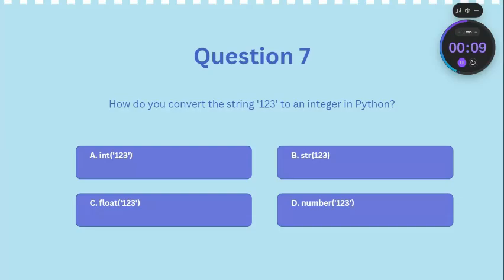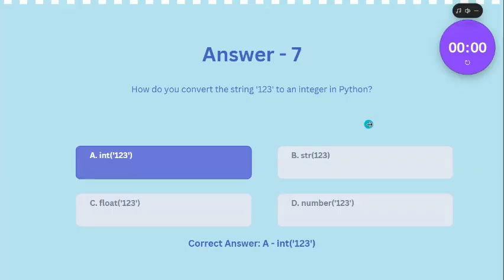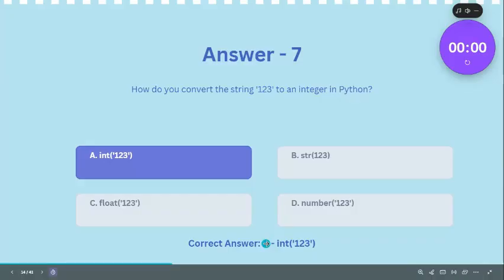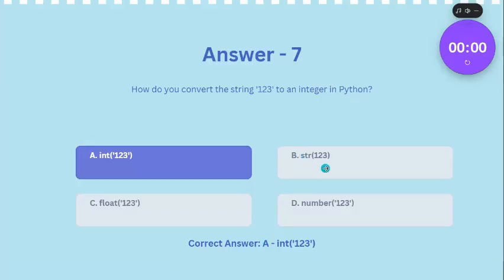It's very simple. You can see this in our lecture number 2, where I told about strings. We need to convert it to an integer, so it is A. If you needed to convert it into a string, it would be B. As it is a string, we need to convert it into an integer.